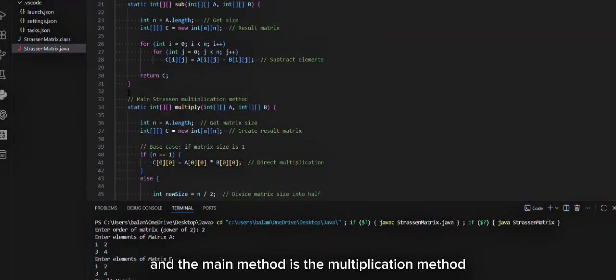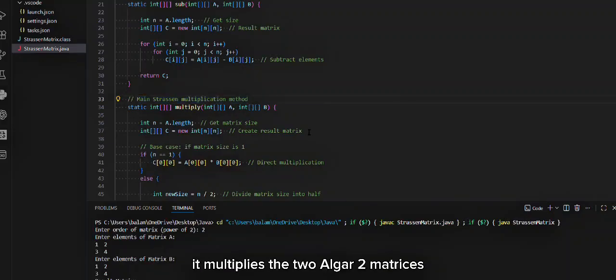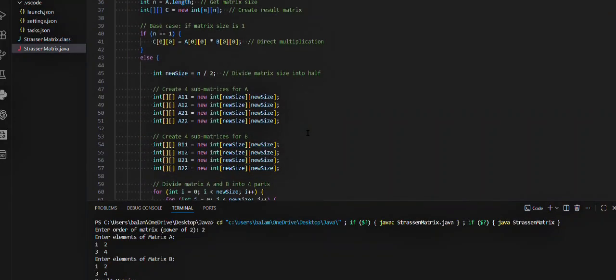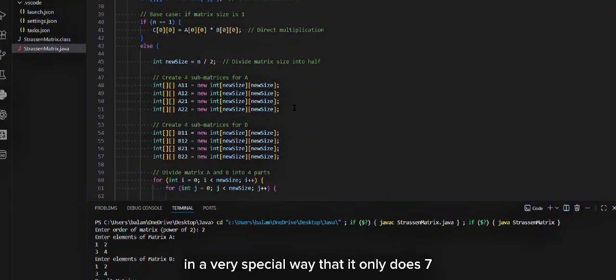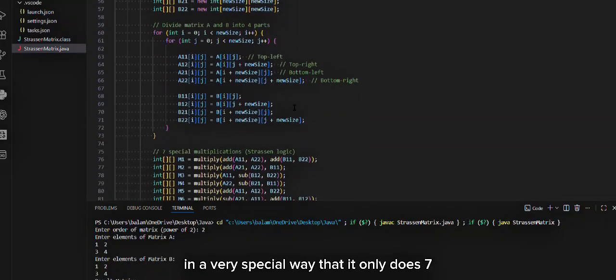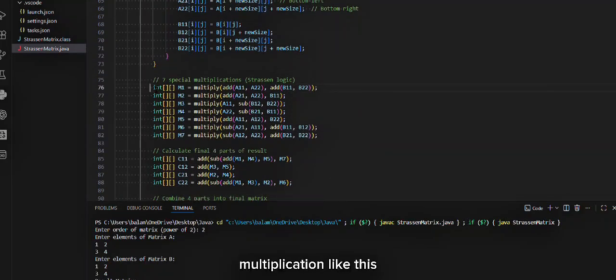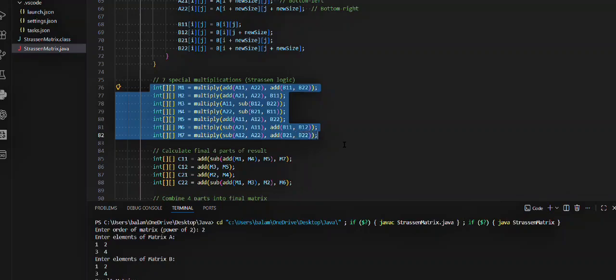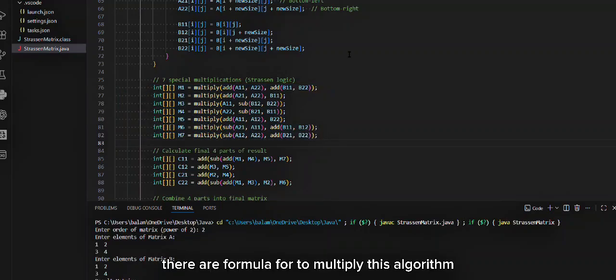And the main method is the multiplication method. It multiplies the two matrices in a very special way, so that it only does 7 multiplications like this. There are formulas to multiply in this algorithm.